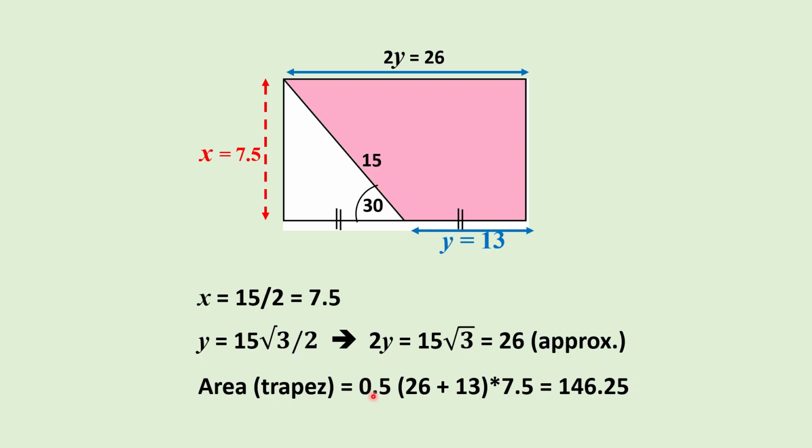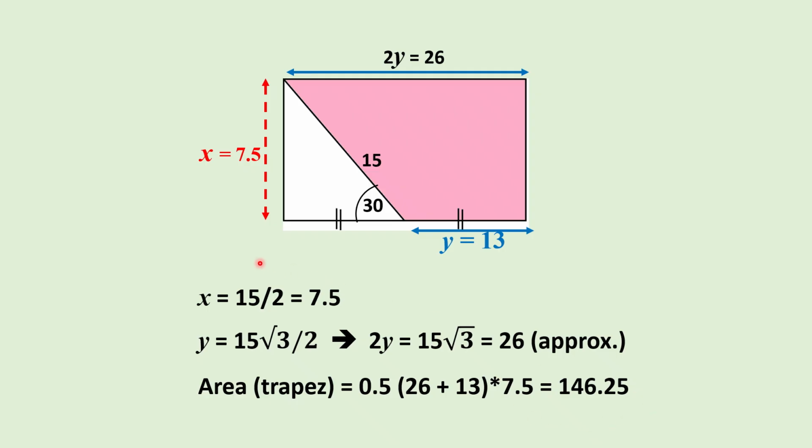So 0.5 into 26 plus 13 into 7.5 gives you 146.25 square units as the area of the shaded trapezium.